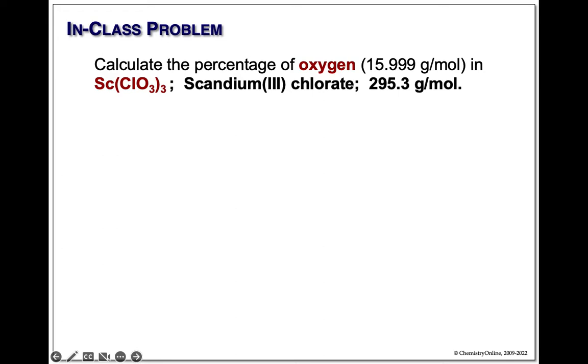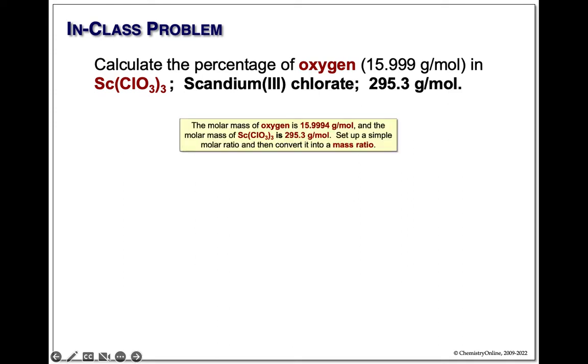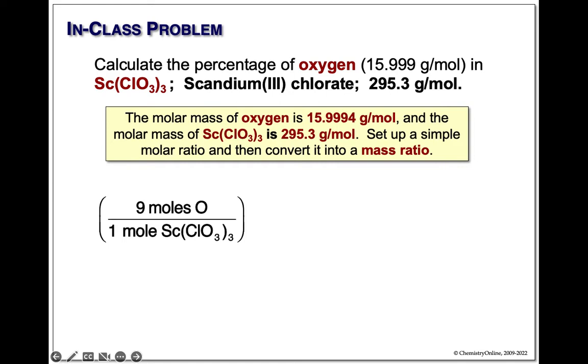All right, so this is scandium 3 chlorate. Let's see. Oxygen is 15.999. We have how many oxygens? 3 times 3, 9. 9 moles of oxygen in every mole of scandium 3 chlorate.